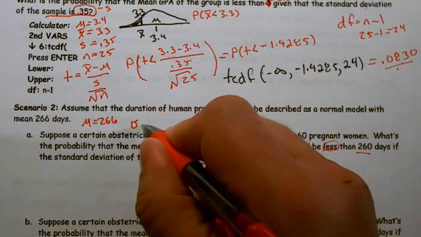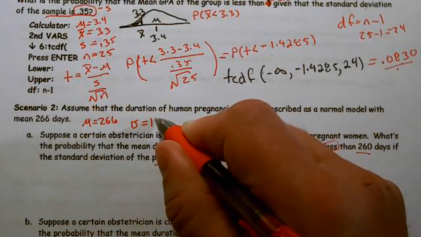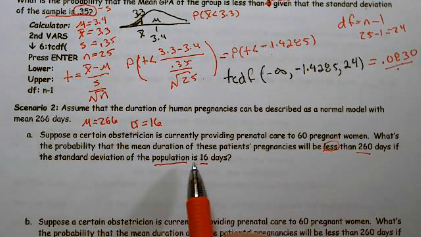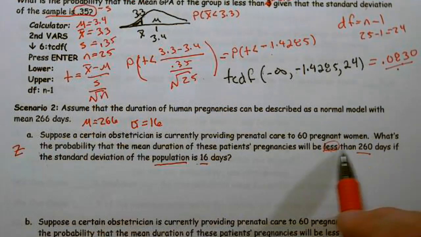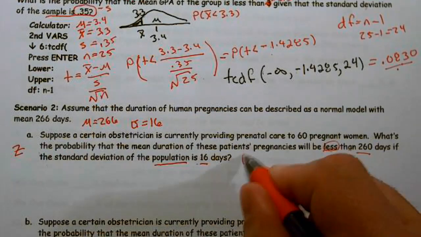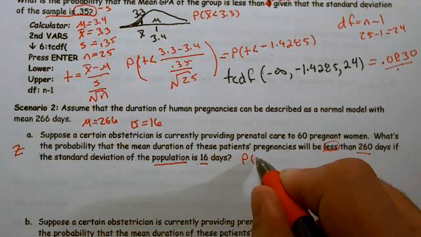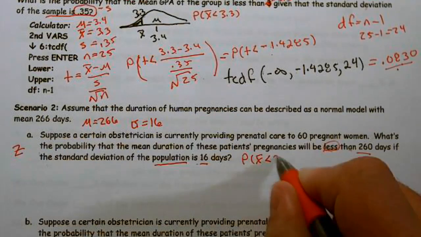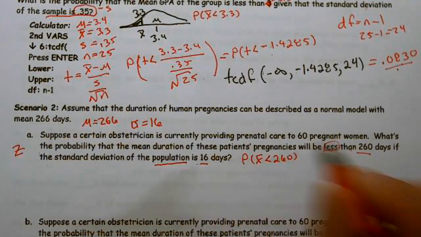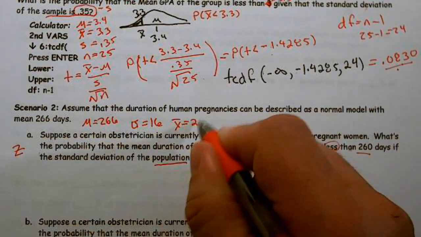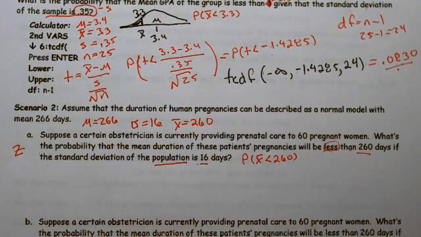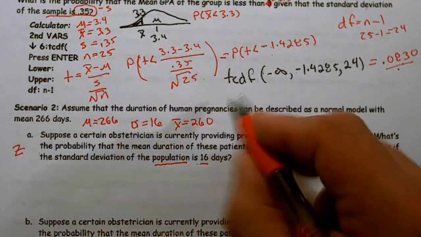So standard deviation is 16. And because I have the standard deviation of the population, this is going to be a Z. They want the probability of an average of less than 260 days, so my X bar equals 260, and we're taking a sample of size 60.